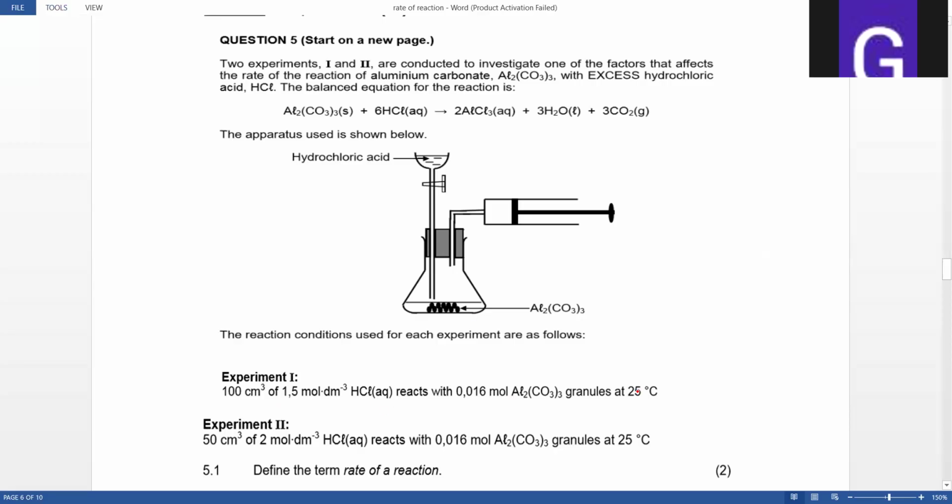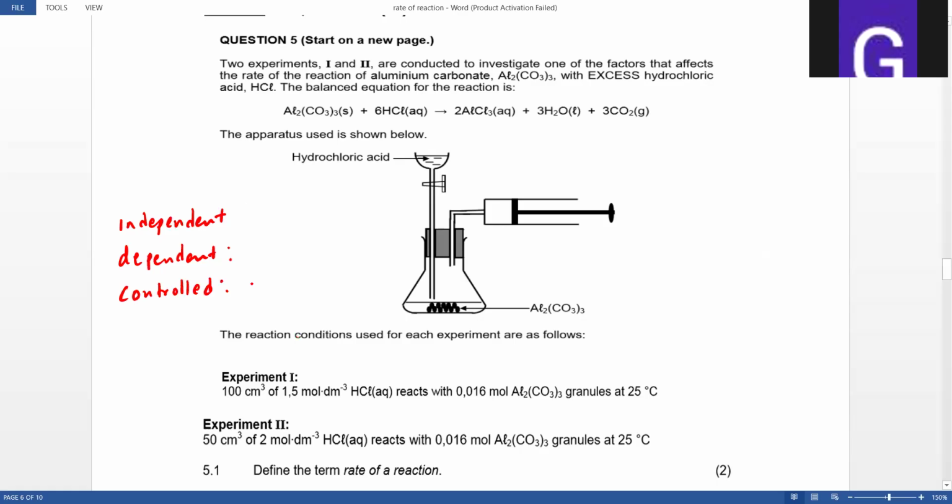So what I was actually saying is that we have an independent variable, dependent, and controlled variable. Already there are two variables that are controlled.